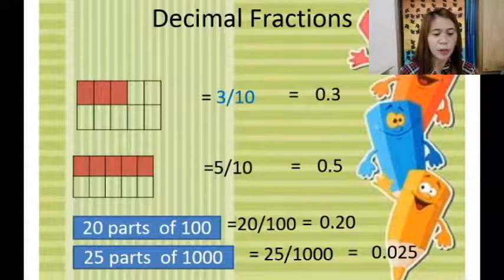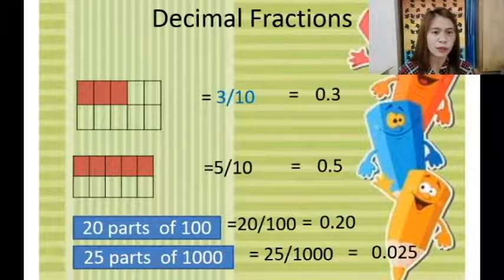Okay, so as you can see, now the denominator of the first figure is 10. So, the 0.3, the place value of 3 is in 10th place. Okay? The 20/100, the denominator is 100. Therefore, the place value, okay, no? So the last place value of the 0.20 is in 100th place. Si 2 is in the 10th place, and then si 0 is in the 100th place. Okay?